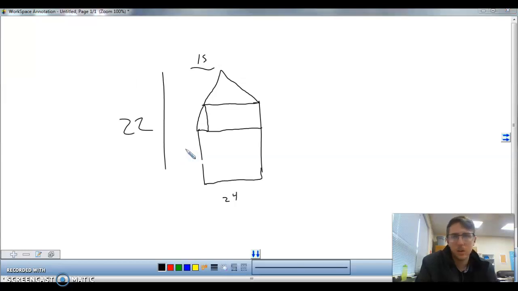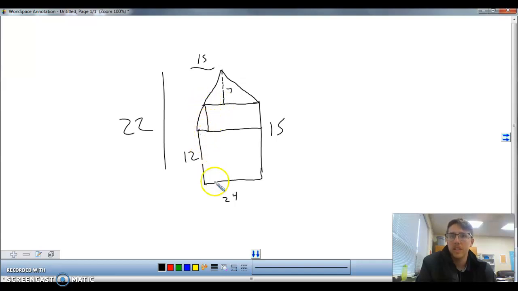Now, I know it's not the best drawing, but I just want you to see this idea. They knew this was 15 over here, so they knew the height of this triangle had to be whatever was left from 22 when you take 15 away, which is 7. The height of that triangle is 7. They knew the base all the way across.